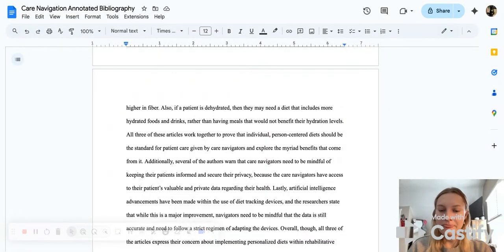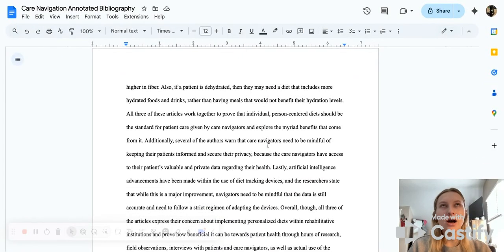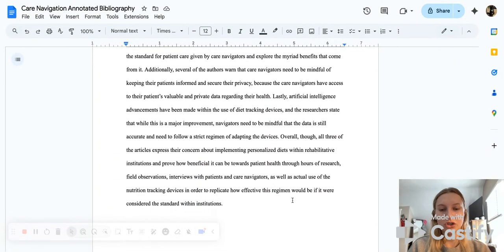So, overall, implementing these tracking devices and also these personalized, centered diets is going to do wonders, I think, for the care navigators and the level of quality care that they're going to be able to provide for their patients. And I think the numbers will continue to go up from there.